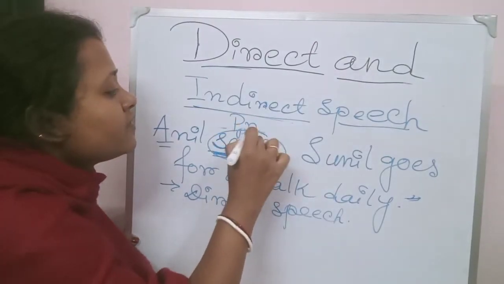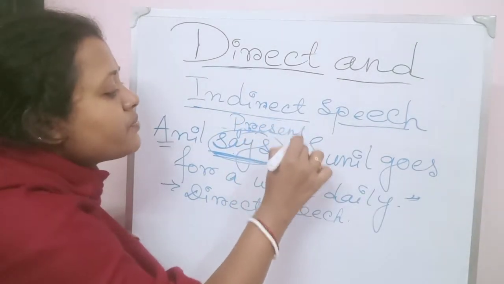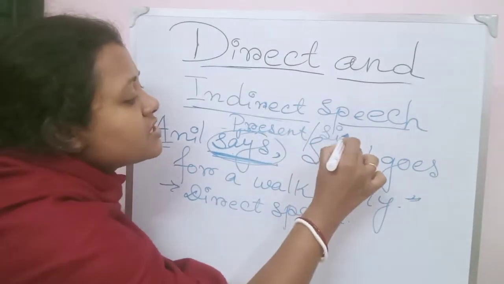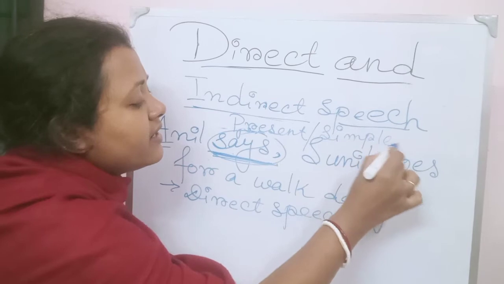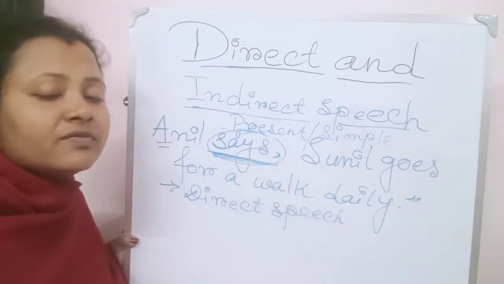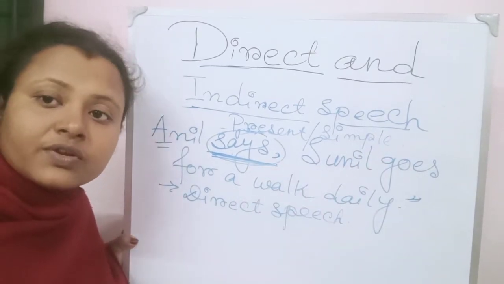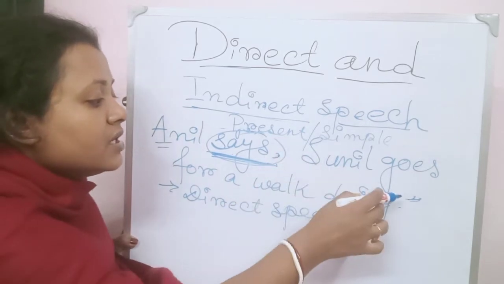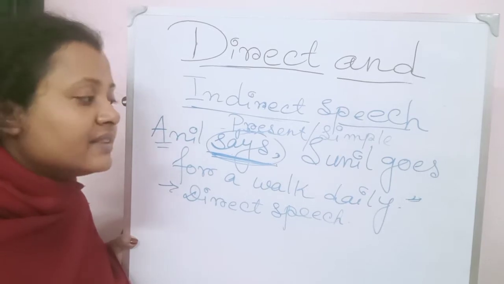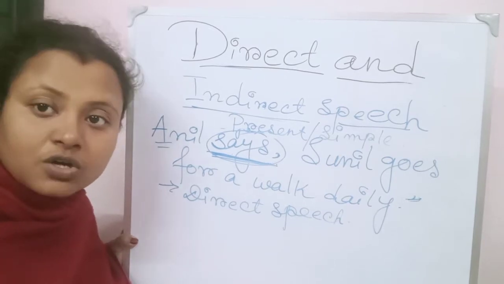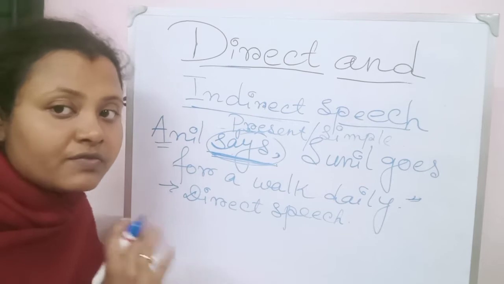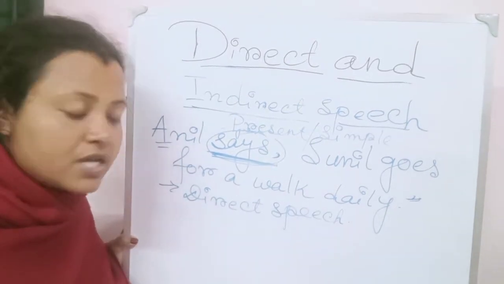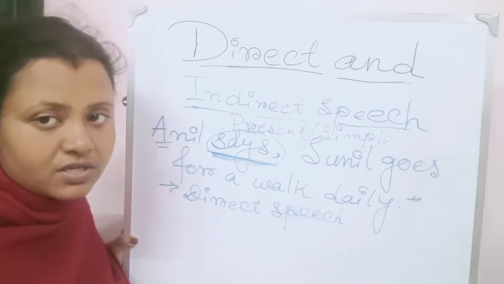So if the reporting verb is in present tense or in simple future tense, then the tense of the verb within the inverted commas will not change at all. The pronouns will change. There are other things which will also change, but the tense will not change.